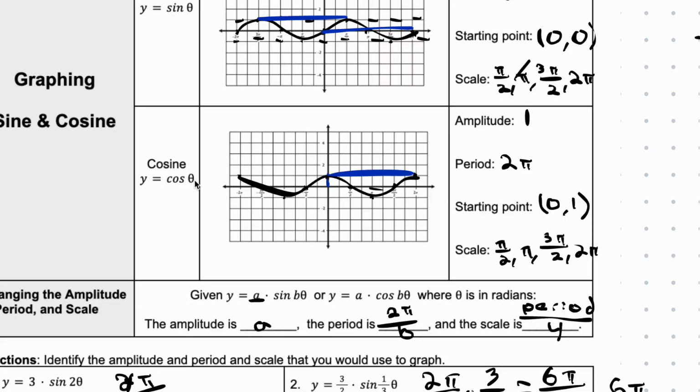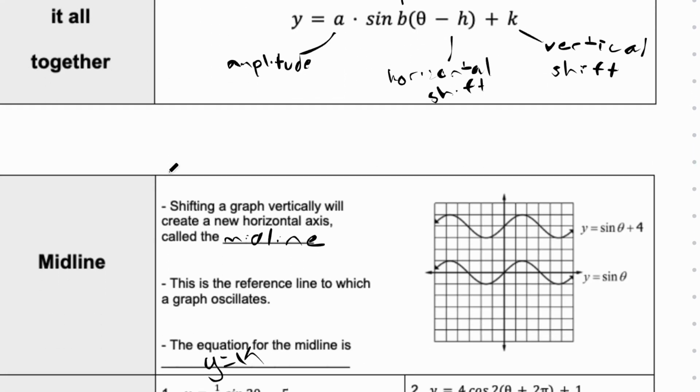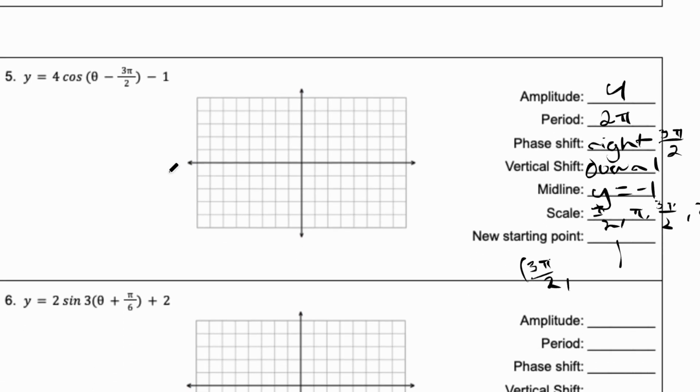We don't have any horizontal or vertical transformations, so it should be 0, 0, but since it's cosine, we're going to start at 1. We go up by our amplitude, or we could go down by our amplitude if our amplitude is negative. So here, we have a midline at -1, and then since we have an amplitude of 4, we have to add 4 to that, so it's 3 pi over 2, 3.